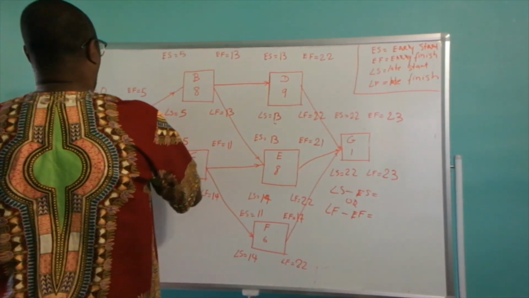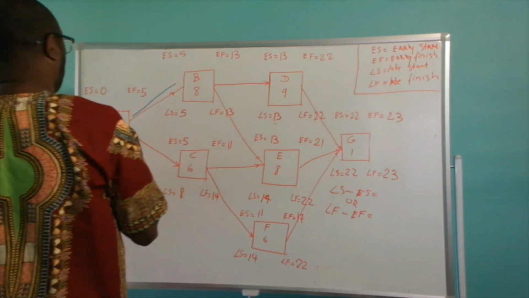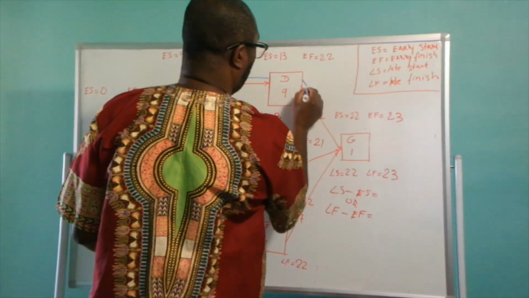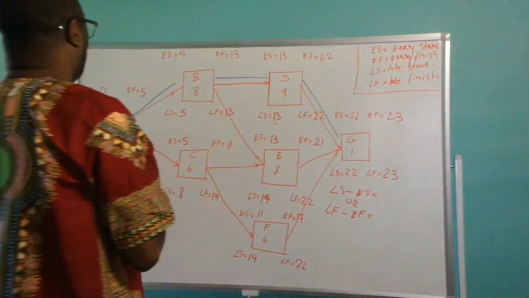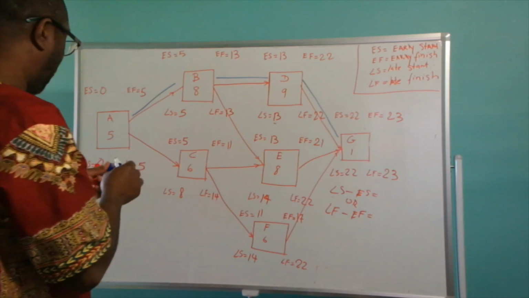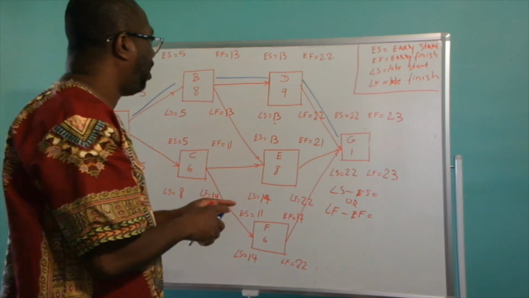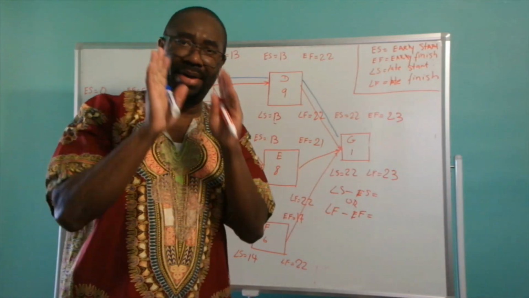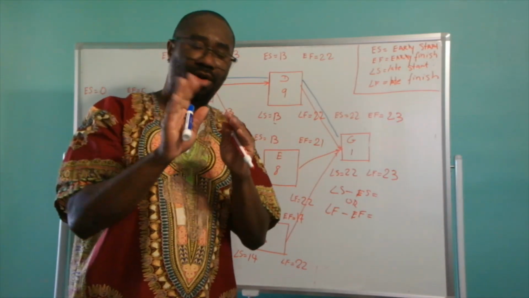And I'm going to show you how I arrive at that. So activity A, B, going back down to G is our critical path. And how do we know that activities A, B, D, and G are on our critical path? Because it is the path where we have zero float.